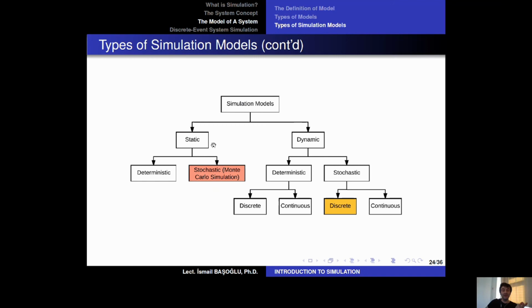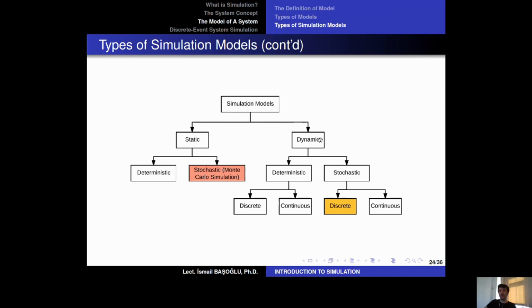Now, a static model can be either deterministic or stochastic. For a static simulation model, if the inputs are stochastic, then a stochastic and static simulation model is called a Monte Carlo simulation model. The type of simulation that we are doing here is the Monte Carlo simulation. But in this course, we are going to be usually interested in dynamic, stochastic, and discrete simulation models.